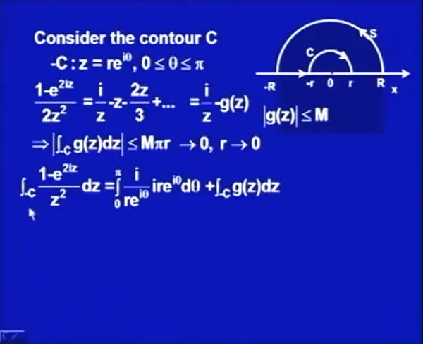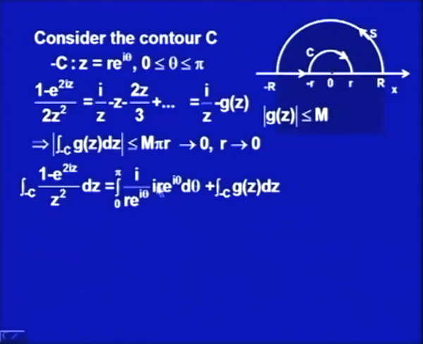what we are writing is the integral of the function (1 minus e to the power 2iz) upon z square along this contour minus C. That is, (1 minus e to the power 2iz) upon z square dz, integral 0 to pi of i upon r.